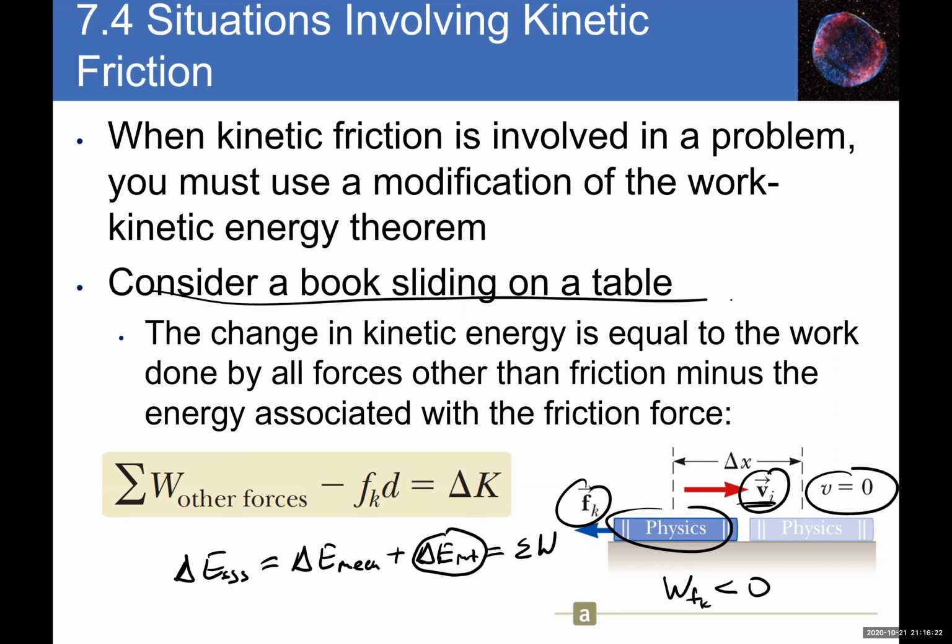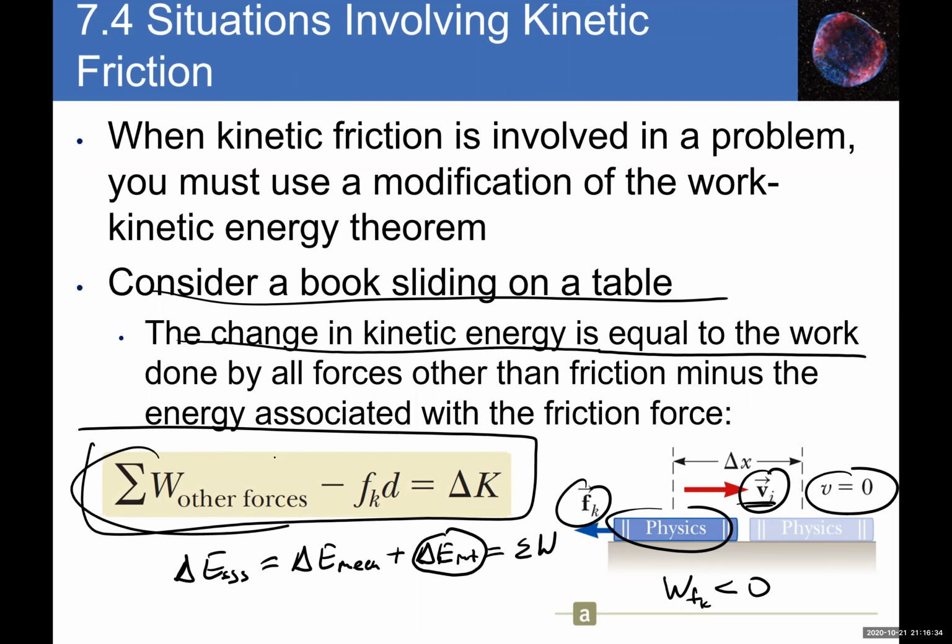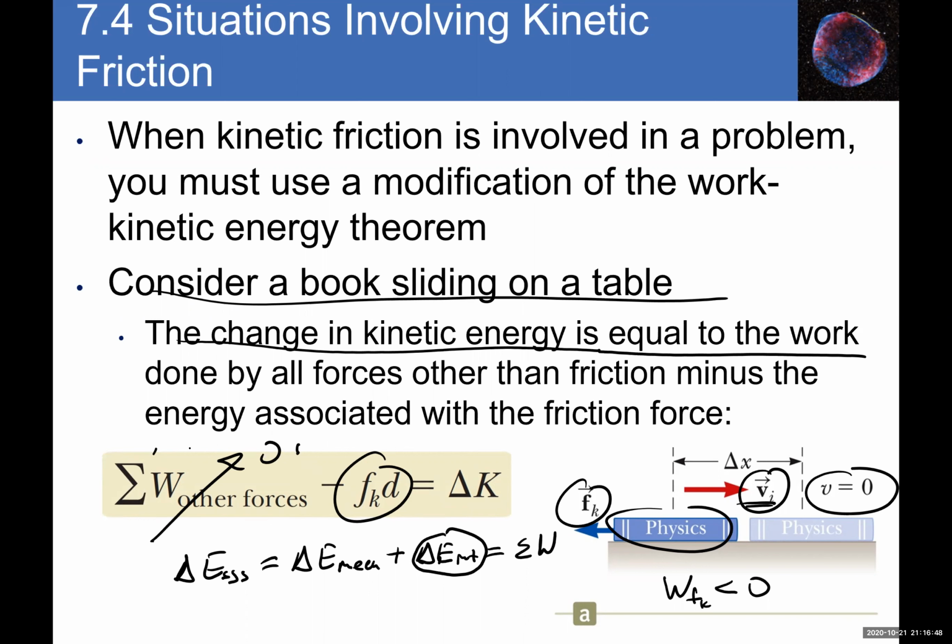Whenever an object is sliding, you can say that the change in kinetic energy is equal to the work done by all forces other than friction minus the energy associated with the friction force. In a way, you have this equation. So work done by other forces, which can be a push, pull, tension, and things like that, minus kinetic friction equals delta K. If the only thing acting is friction, then you can ignore this.